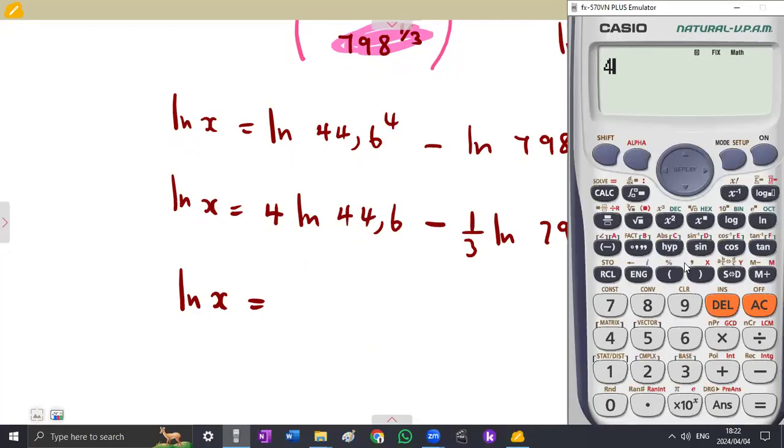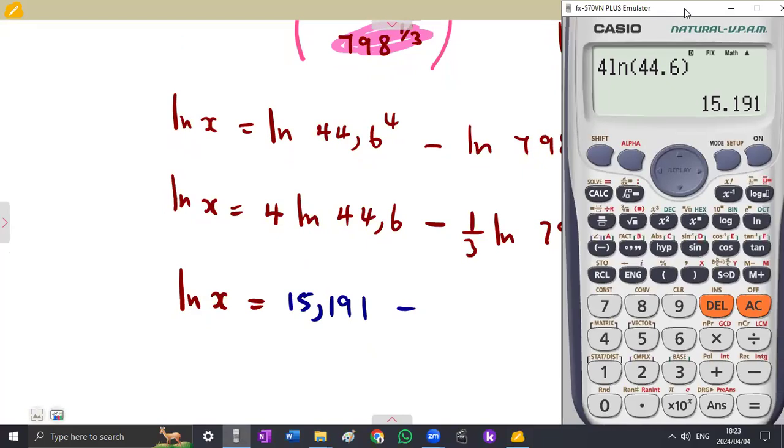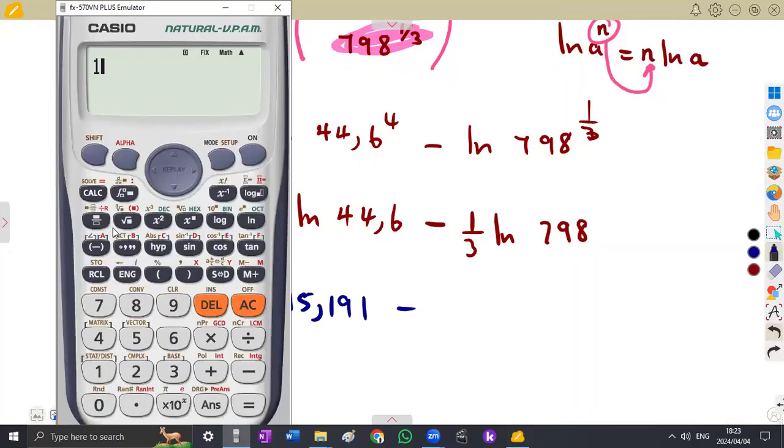4 times the ln, this one, 44,6. You close the bracket. So this is 15,191. 15,191 minus a third of ln, which is 1 over 3, the ln of 798, close the bracket.